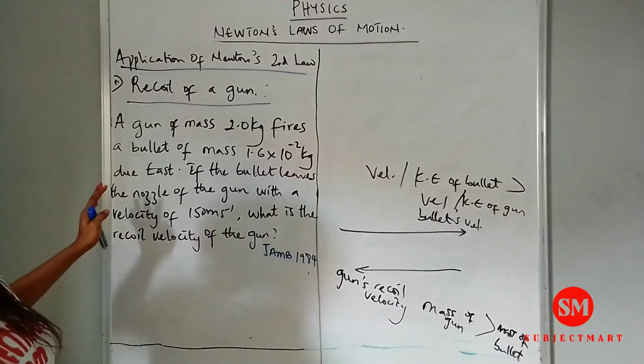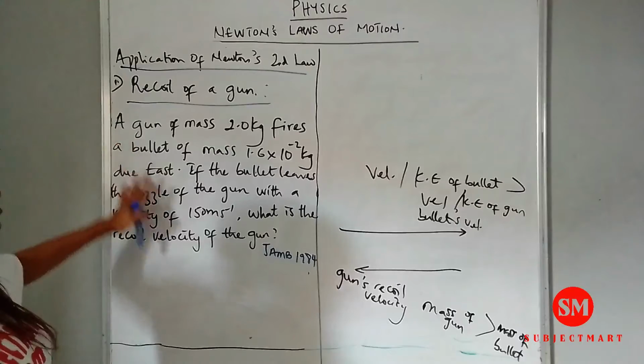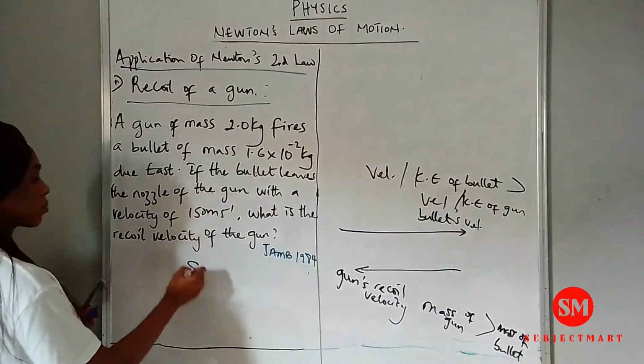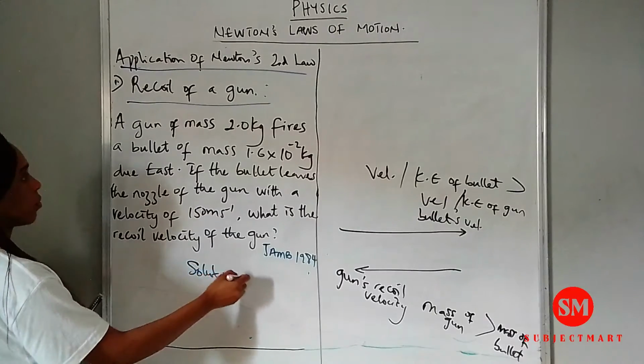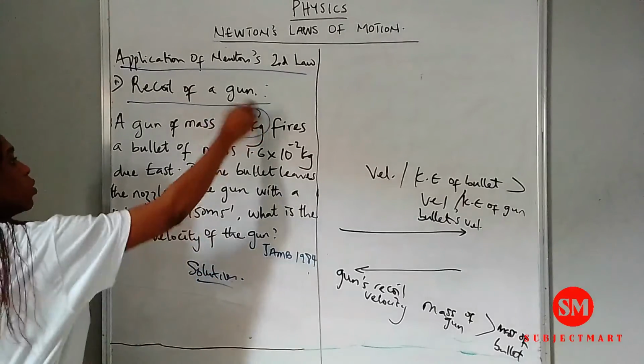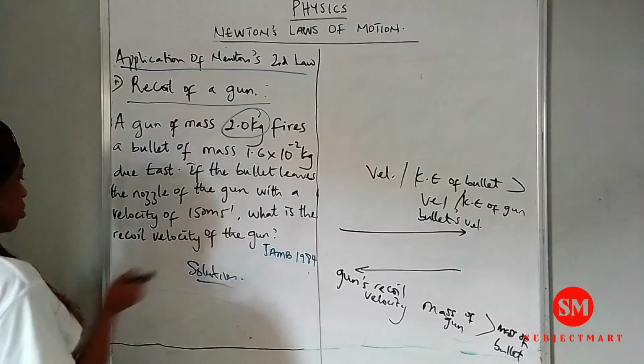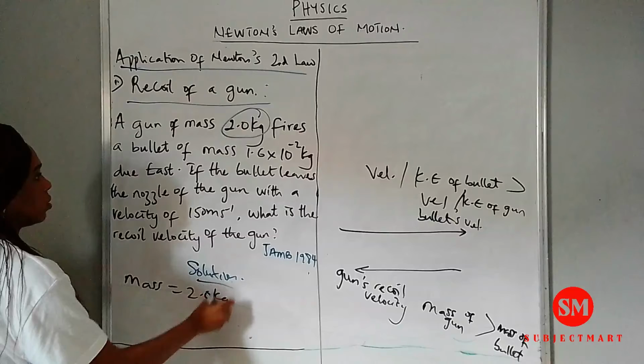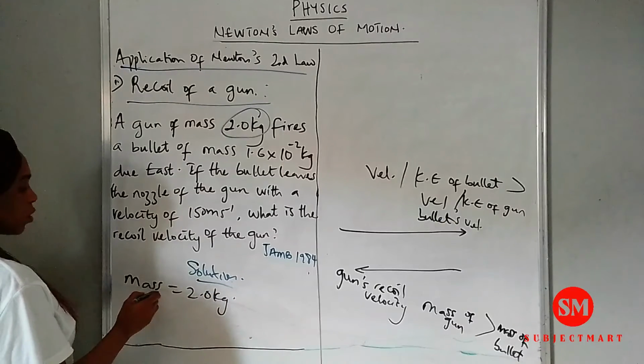So quickly, here is an example. We're just going to apply that in this example. A gun of mass 2.0 kg. So the mass here is 2.0 kg. That's the mass of the gun.